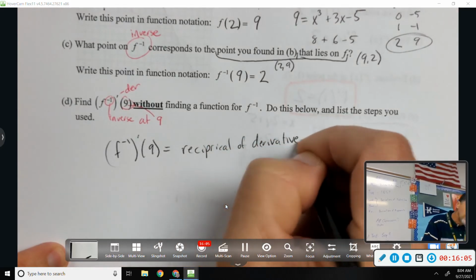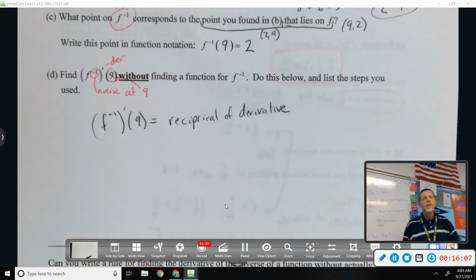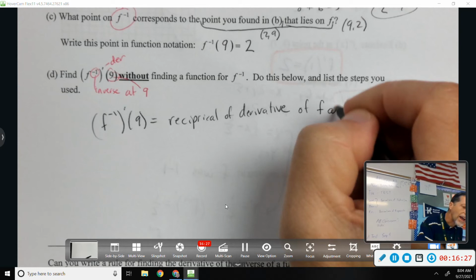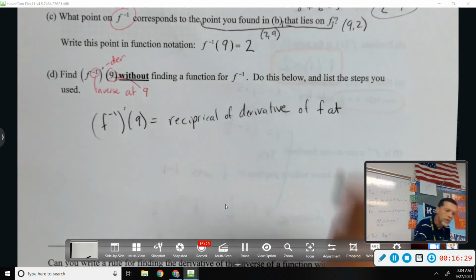So I'll spell it all out in words. The derivative of the inverse at 9 is the reciprocal of the derivative of what? Of F. Good. At 2. Very nice.